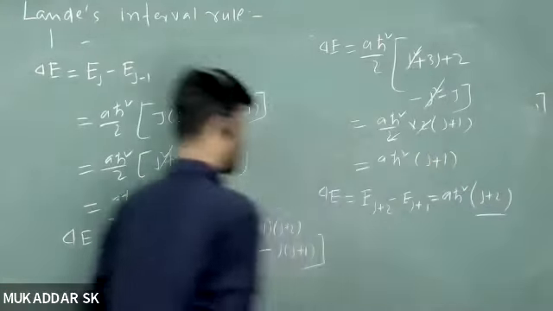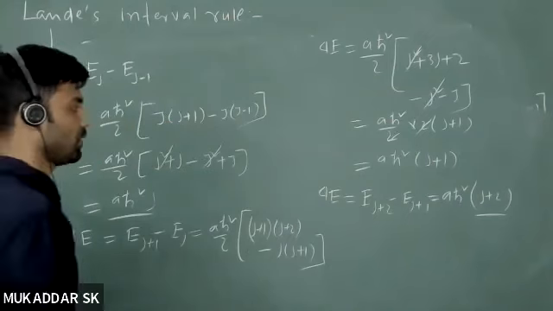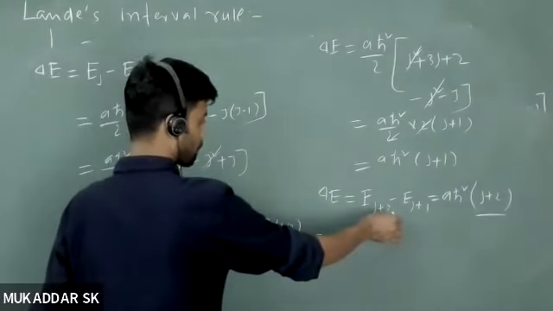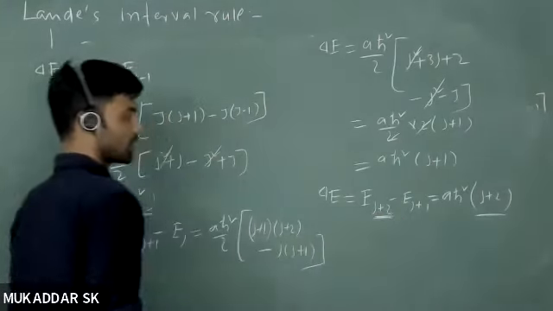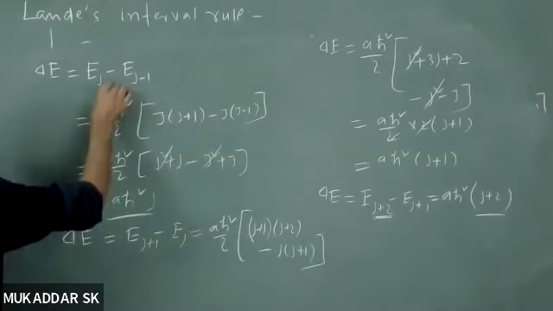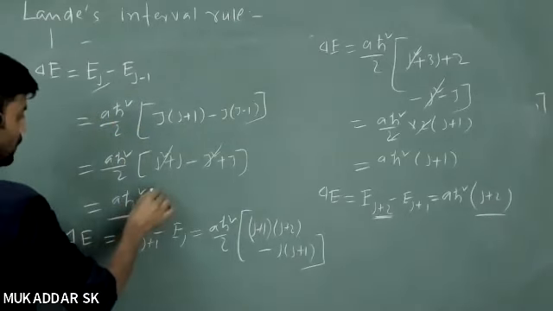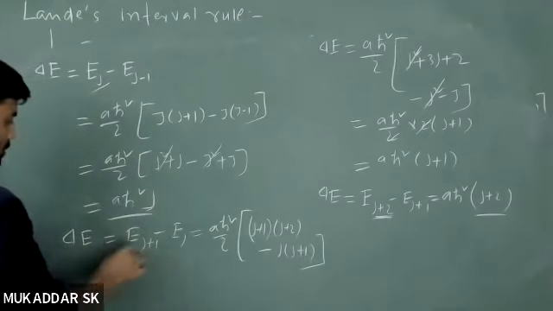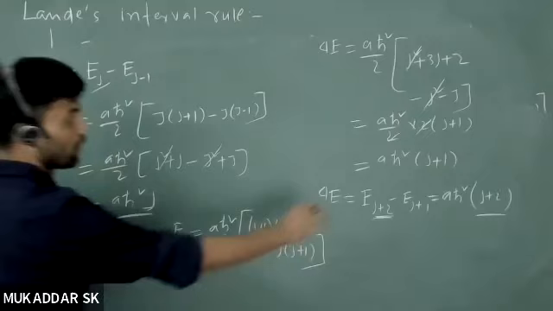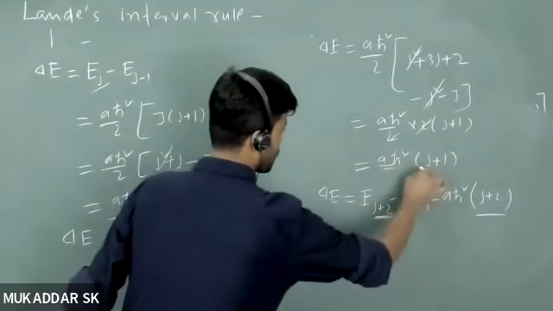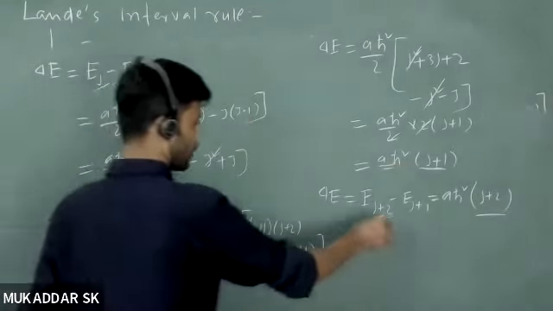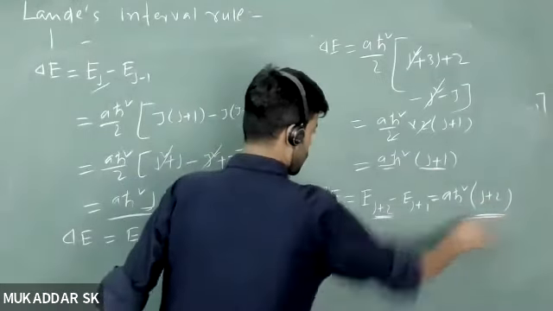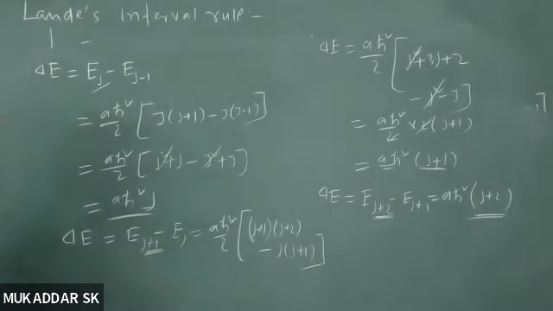So the separation depends upon this upper J. For this case, A h-cross square into J. For this case, the upper level is J plus 1, so it will be A h-cross square into J plus 1. For this case, the upper level is J plus 2, so it will be A h-cross square into J plus 2.